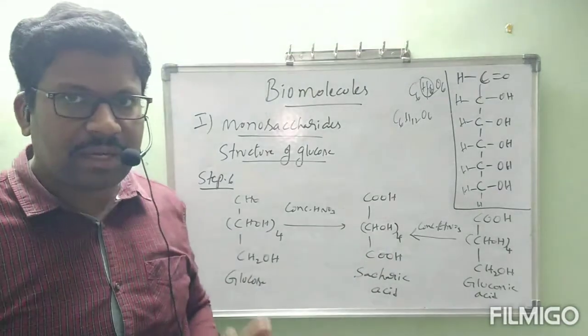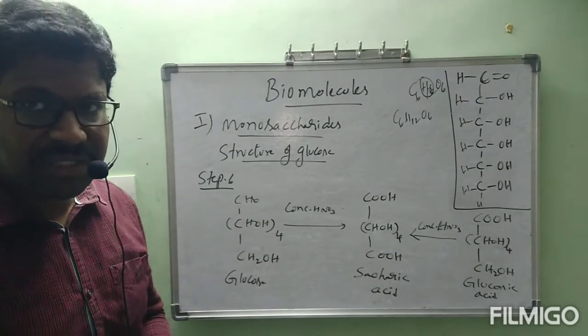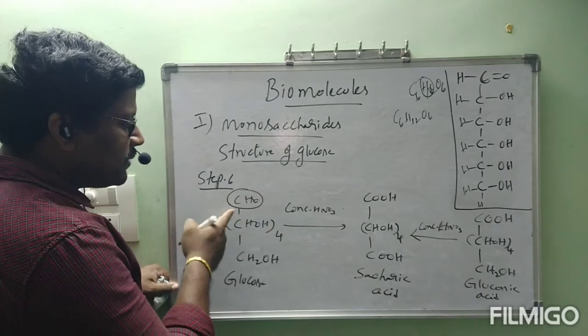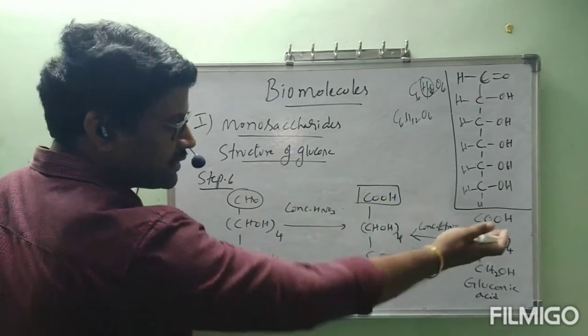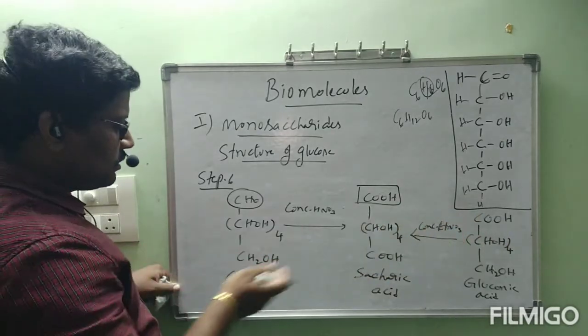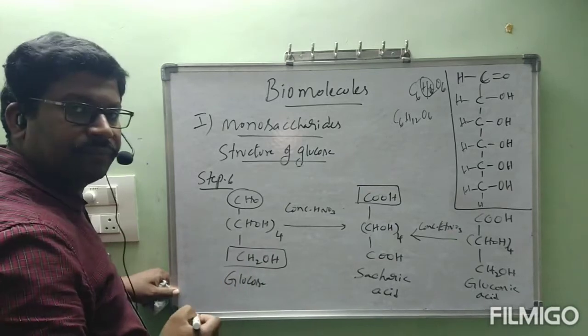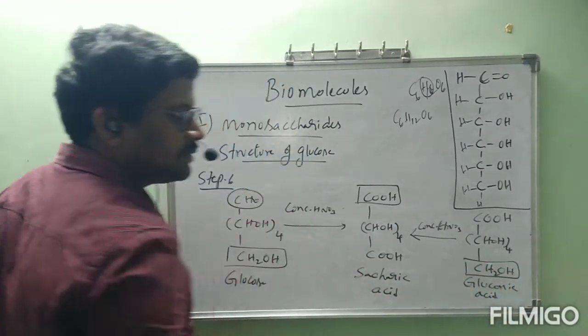You are clear? Now, what is the confirmation, meaning the conclusion from this step 6? Actually, the CHO, simply by a mild oxidizing agent itself, we got COOH. Previously, we have seen gluconic acid. Now, primary alcohol is there. In gluconic acid also, primary alcohol is there.